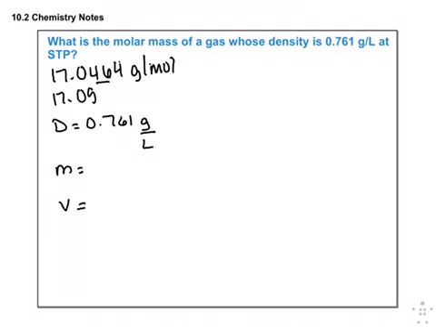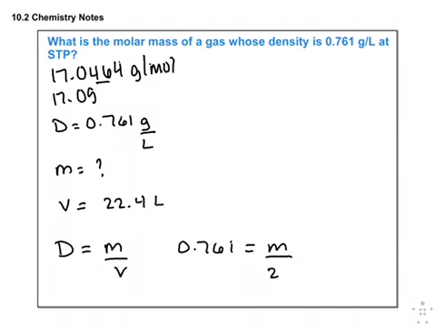And do we know the volume? Yep, what's the volume? 22.4 liters. So you can use your formula, density equals mass over volume. 0.761 equals mass over 22.4. And you should get a mass of, I have it rounded at 17.05 grams over moles.